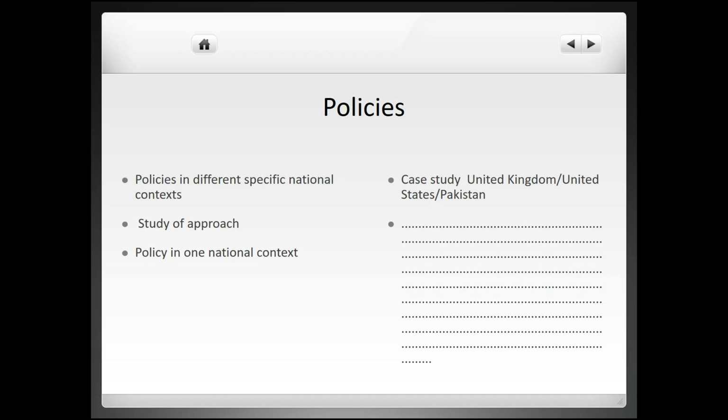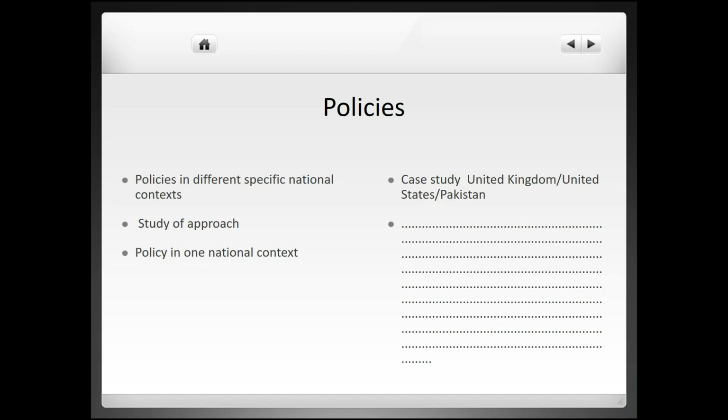But in the UK, it's based on secondary care and primary care, even though secondary care has developed into foundation trusts and those that are not foundation trusts. So they are all different, and they have different policies and adopt different approaches in the way they work. So we have different policies in different national contexts.